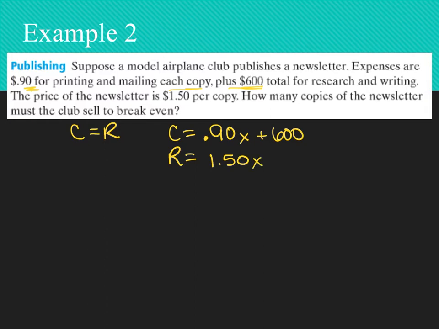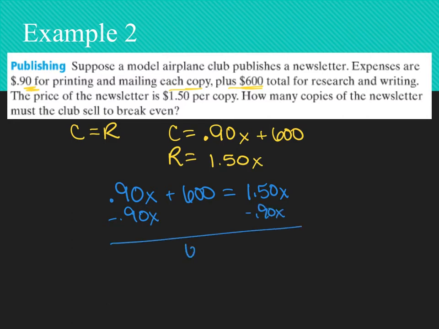So we're just going to take our costs and set it equal to our revenue. So 0.90x plus 600 equals $1.50x. If we get all of our x's on one side, I'm going to subtract 0.90x from both sides, and I get 600 is equal to 0.60x, and if we divide both sides by 0.6, we end up with x equals 1,000.